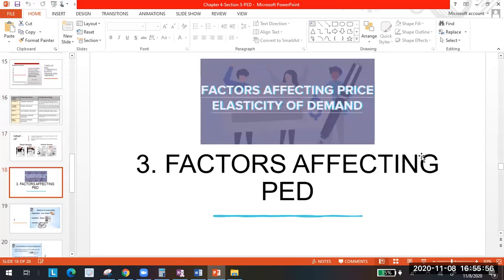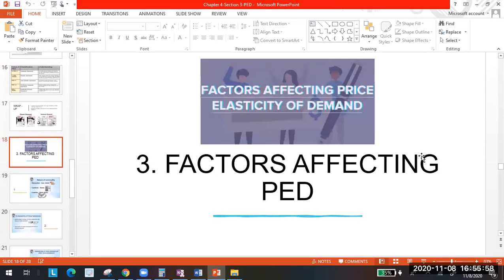Okay. So what were the factors which are affecting the elasticity of demand? Earlier we discussed the SPICE, five different factors: substitute products, preference.